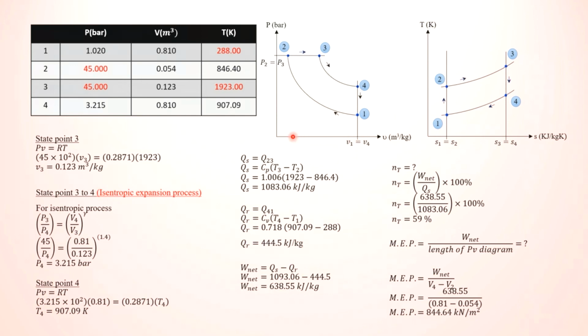That will give you the length. So you can take V1 minus V2 or V4 minus V2 as well. That would be the length of the PV diagram. Put it in as volume, and you will be able to find your mean effective pressure, 844.64 kilonewton per meter square, or you can change it to 8.44 or 8.45 bar.